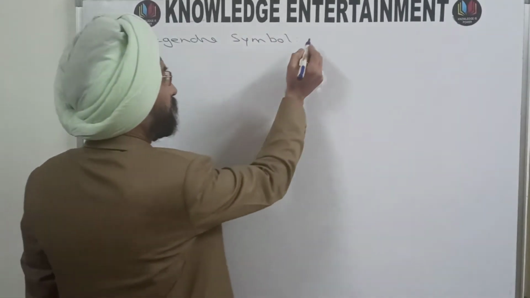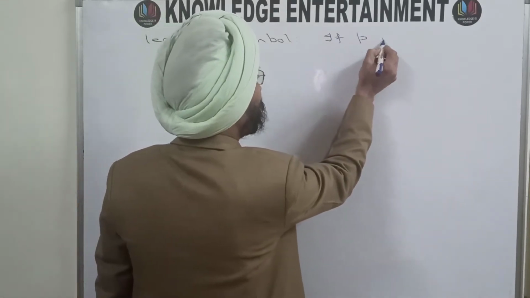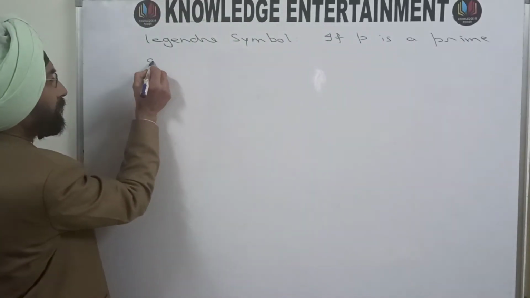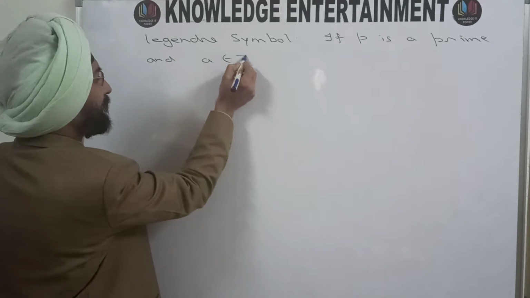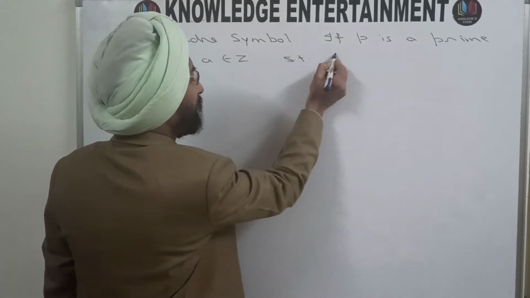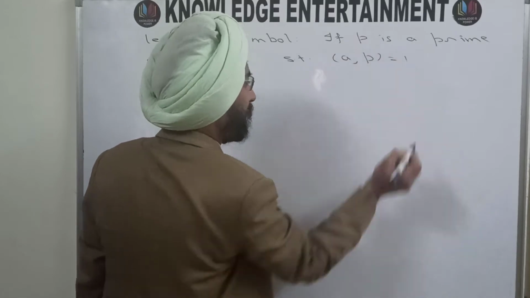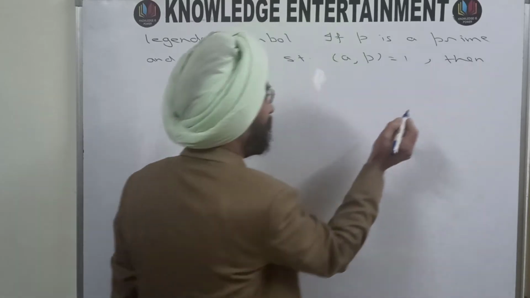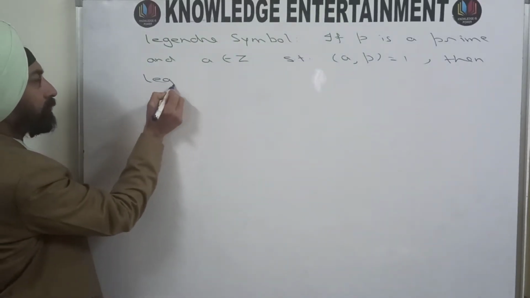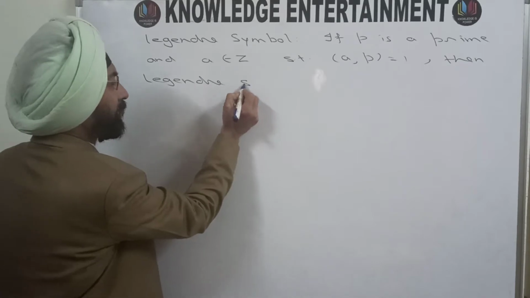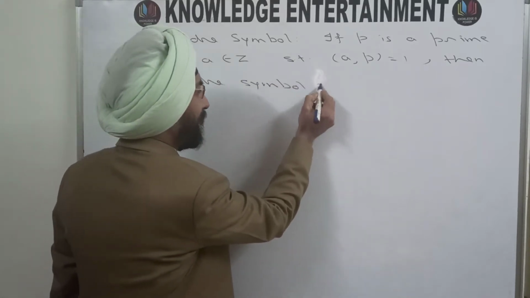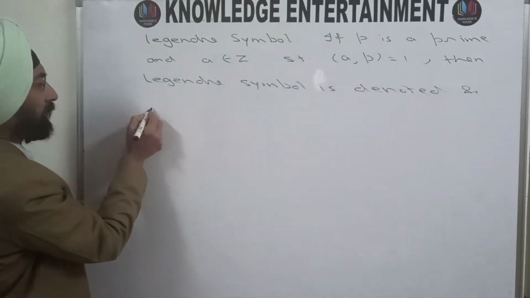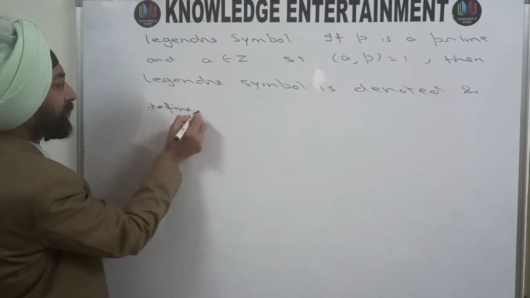If P is a prime and A is any integer such that GCD of A and P is 1, then Legendre symbol is denoted and defined as follows.